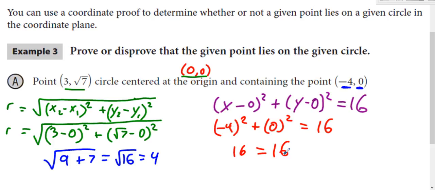Yes, 16 equals 16. So that's true. It does contain the point. The circle does contain the point negative 4, 0. So you just need to know the radius and then see if it has the same radius, or plug it in to see if it's true when you plug it into the equation.